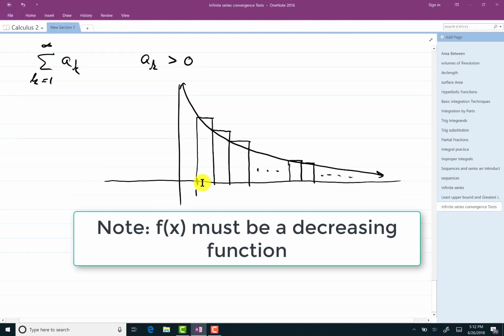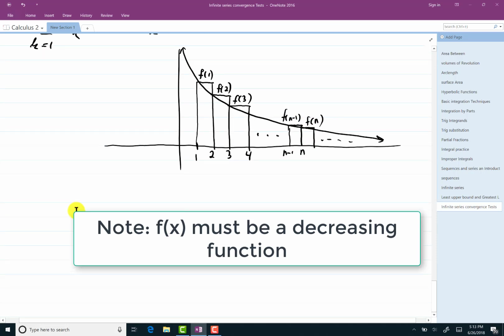So this value will be a1, or we can call it f of 1, f of 2, f of 3, at 2, 3, 4. Let's call this n minus 1, so this is f of n minus 1. And then this is n, that'll be f of n.